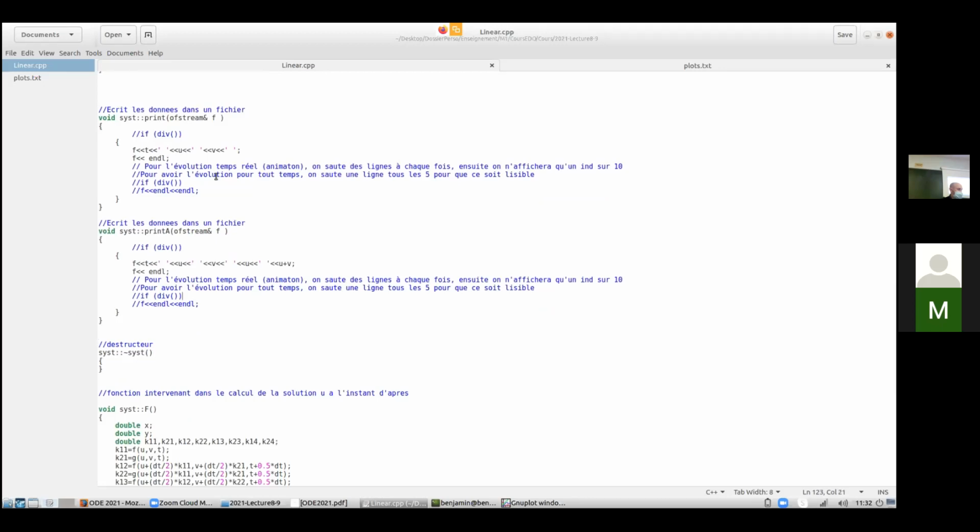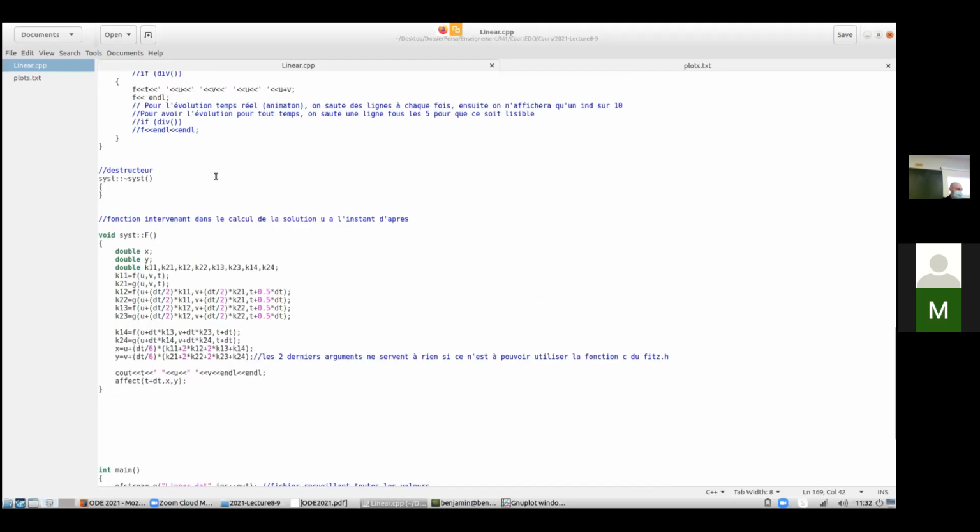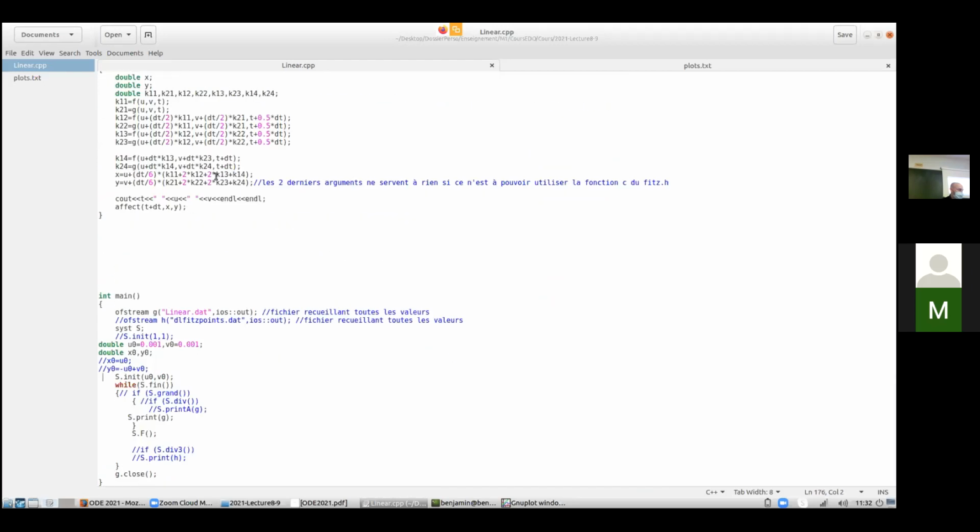And this line here corresponds to the change.